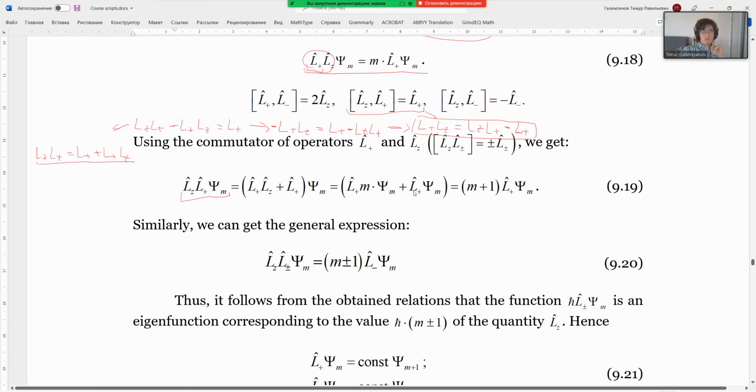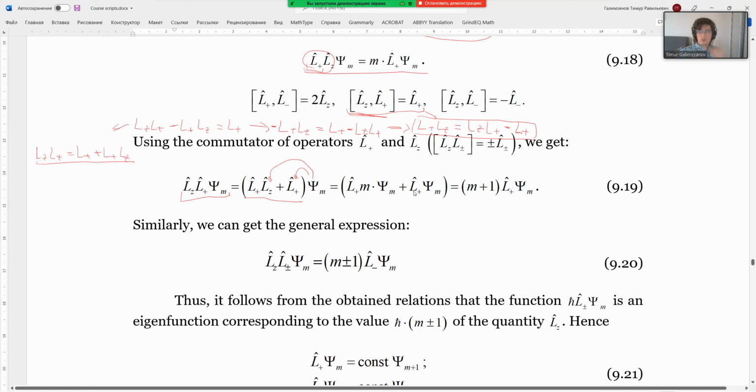So let's look at Lz L plus acting on psi m. We substitute Lz L plus by L plus Lz plus L plus, from the commutator relationship. Then we introduce psi m here, and we find out.